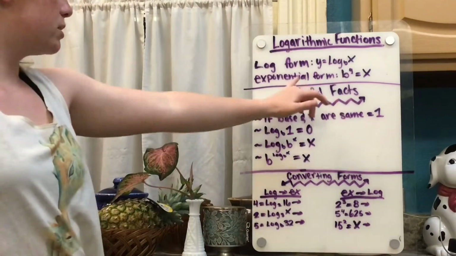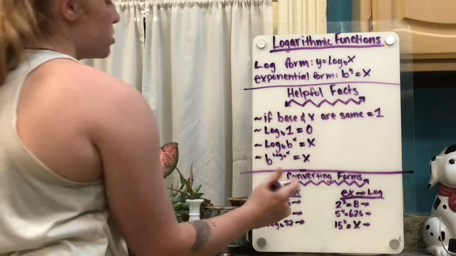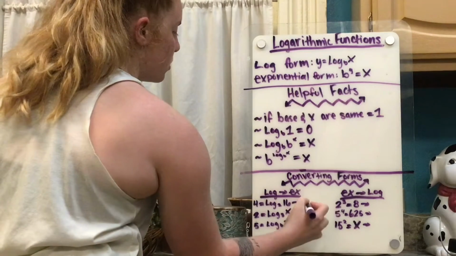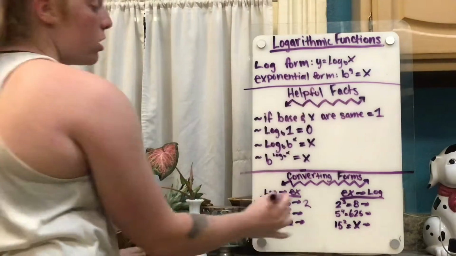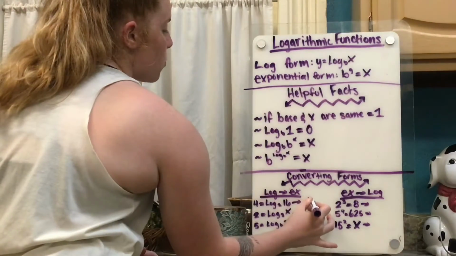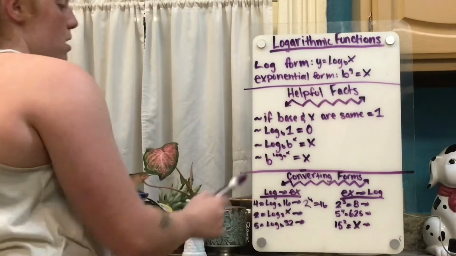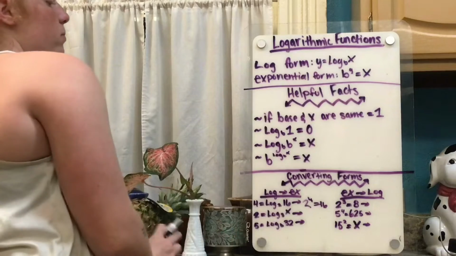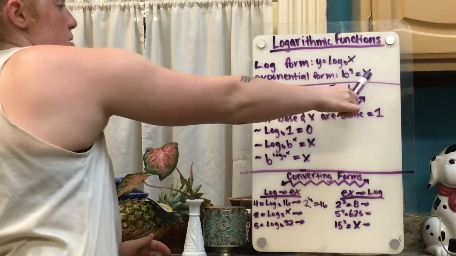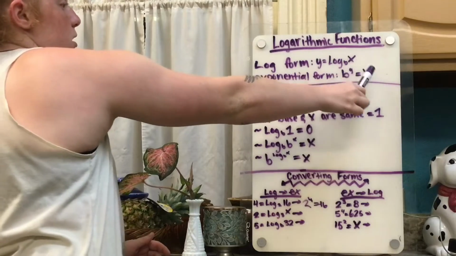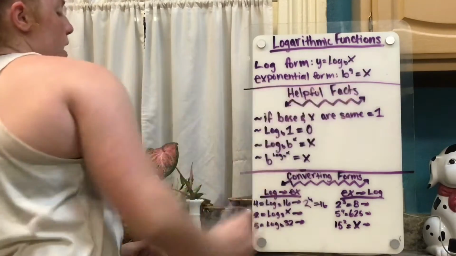So if you're converting it to exponential form, right now the base is 2, so it'd be 2, and then y is 4 currently, so it's 2 to the 4th, and that equals 16. So the 16 is now what it equals, because x here is x here. 16 is x, so now it equals the x.